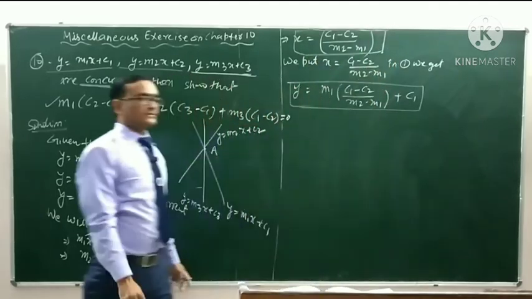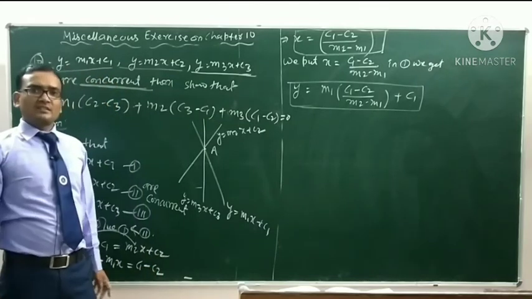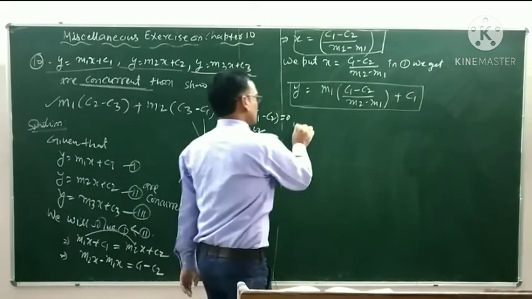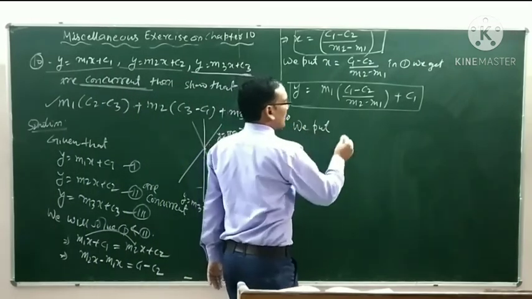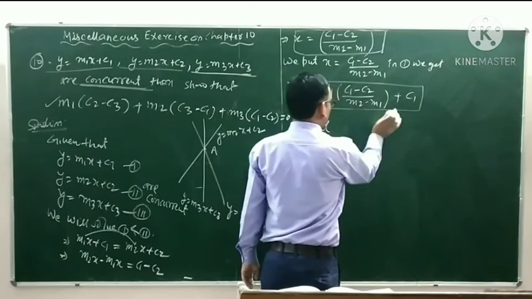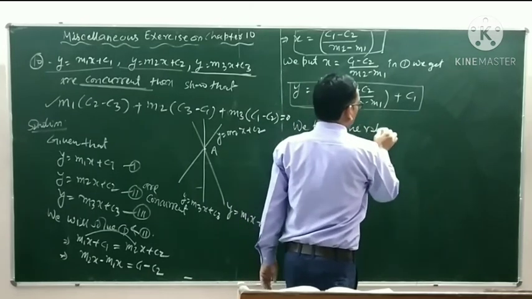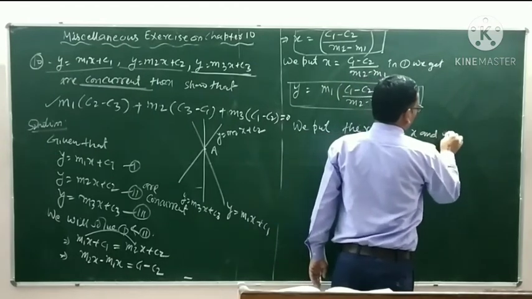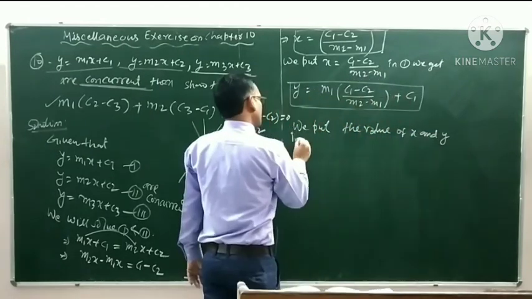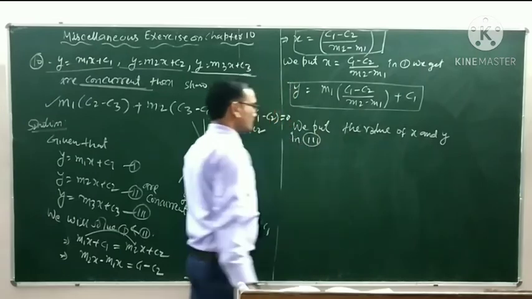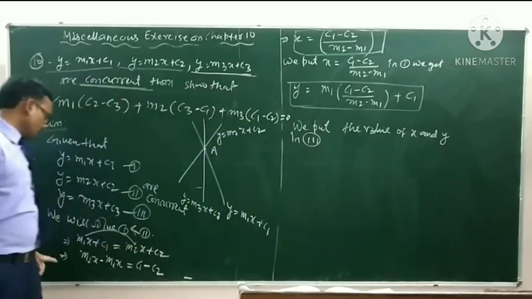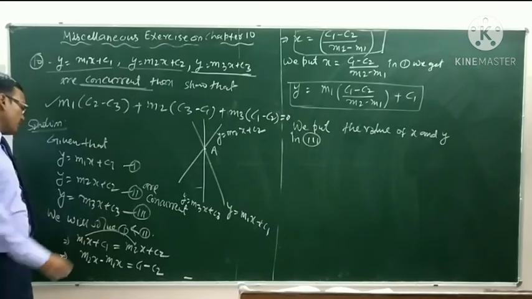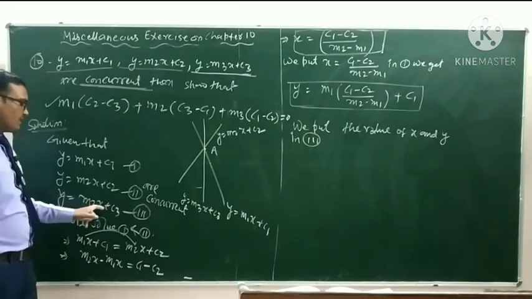Okay students, we have found the value of x and y. We put the value of x and y in 3, y equal to m3x plus c3.